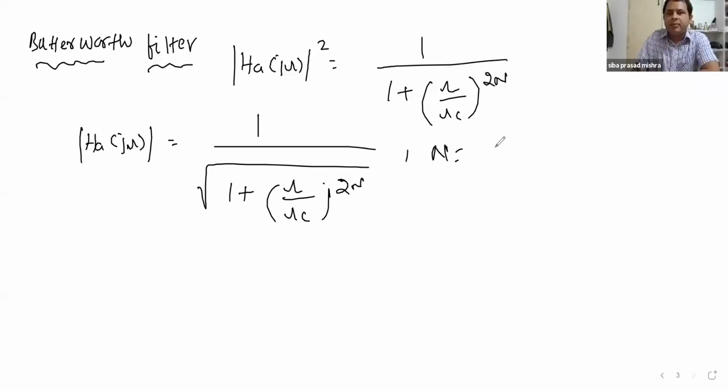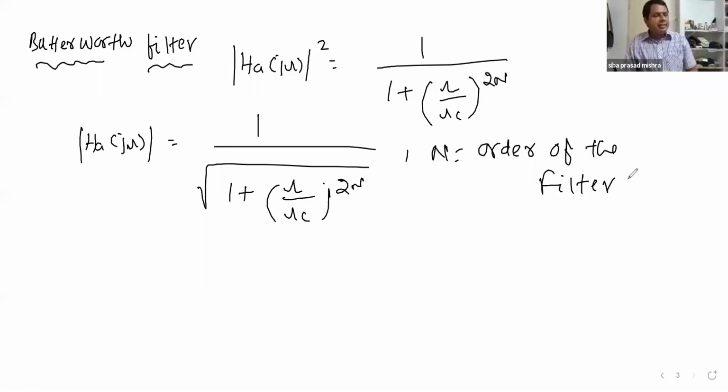Here n is the order of the filter, meaning first order, second order, third order, fourth order, like this. Clear? This is your Butterworth filter magnitude response.